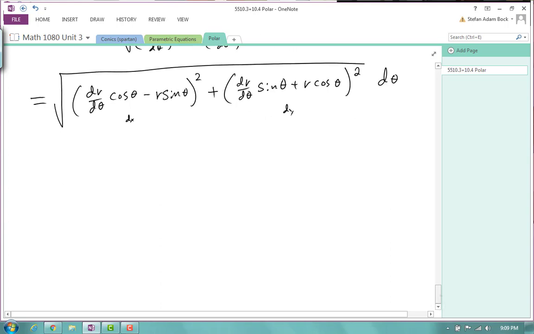So what do we get when we expand all of this? What we get is tons of fun, but we'll have a big square root, and I know I'm going to end up with a bunch of stuff because I just did this.